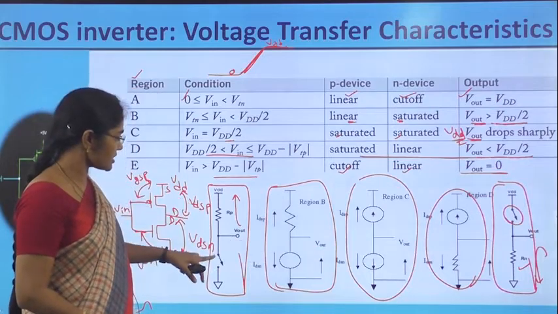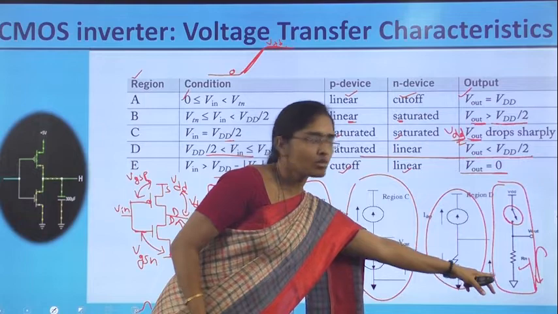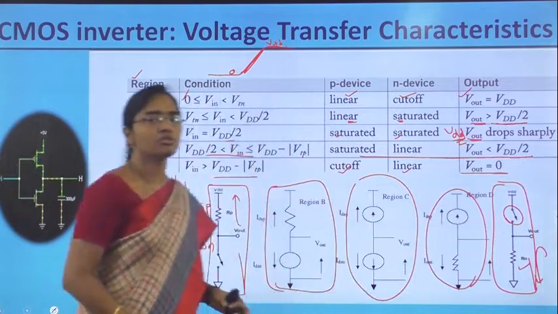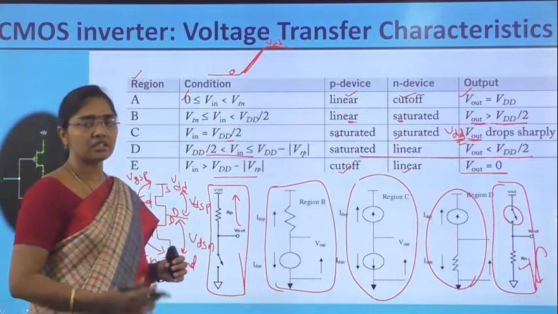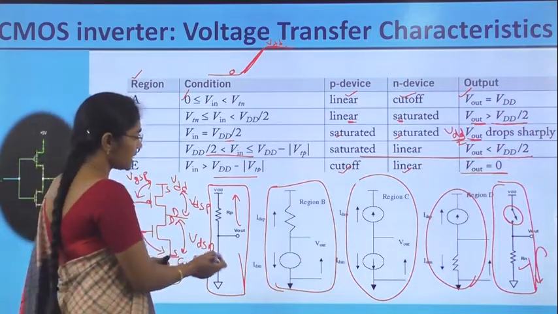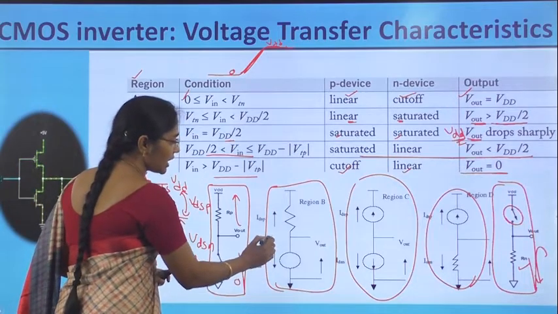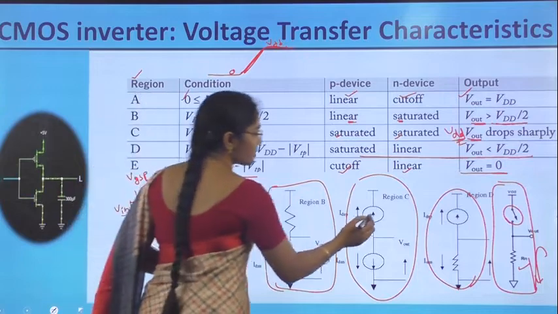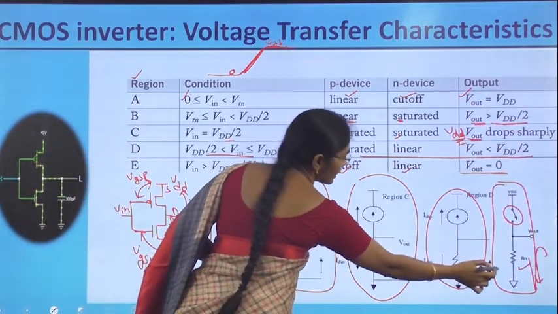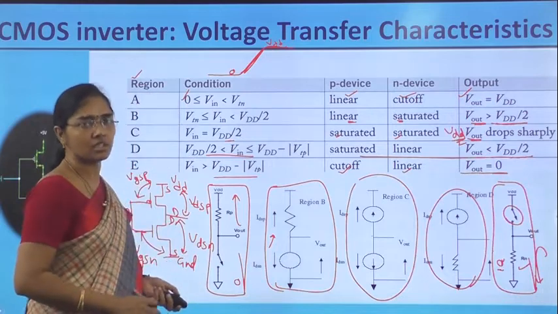In region A, since the NMOS is off, the current is 0, and in region E also, since the PMOS is off, the current is 0. In the middle, regions B and D, the current is varying. The current starts at 0 and increases to a maximum in region C. Then from the maximum it reduces and again reaches 0 current in region E.